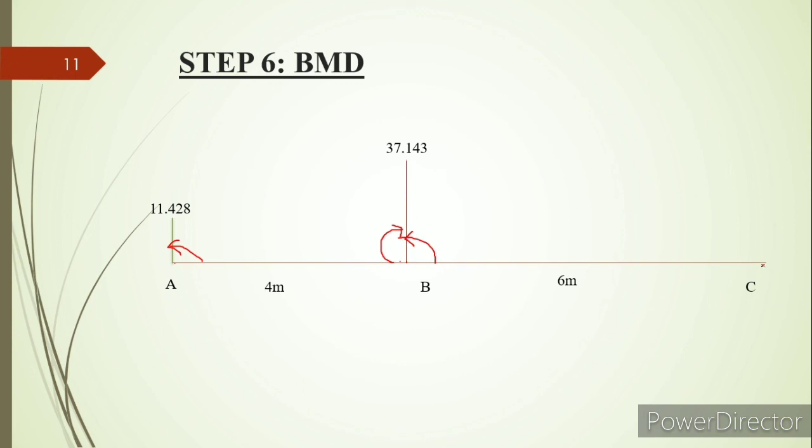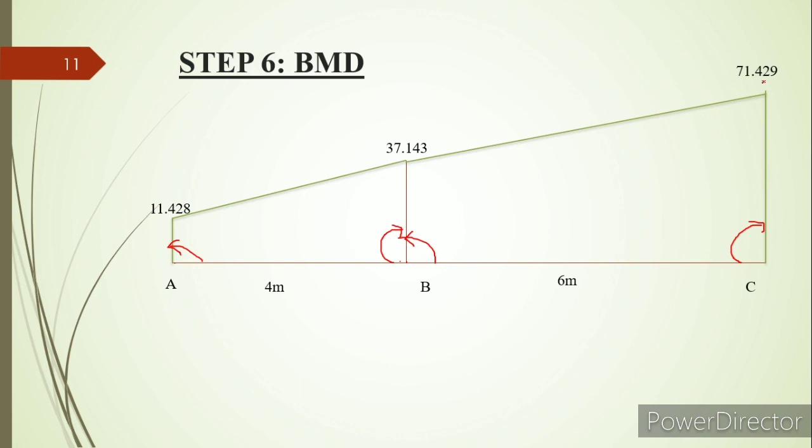Then at support C, the value is 71.429. Considering the joint C, it's a clockwise moment, therefore it's also in the upward direction. The moment is acting in the upward direction. Then join all these moments. This is the moment diagram due to the end span moment.